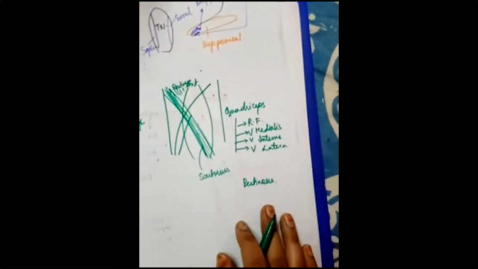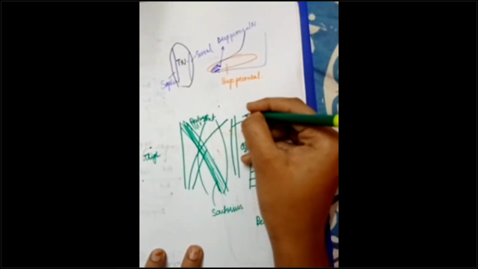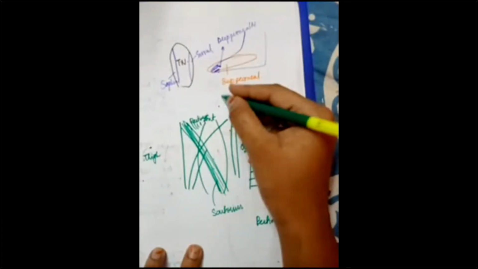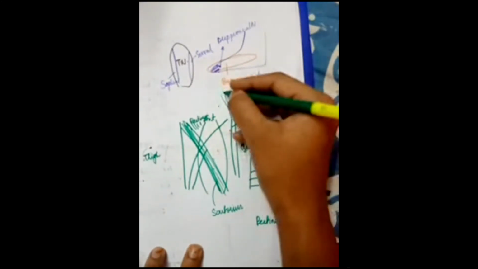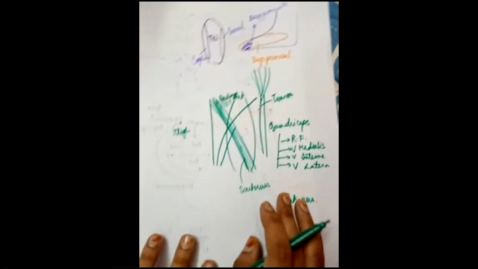Today students will teach me. Anterior compartment, anything else? Done. Here on the side you will have tensor fascia lata. I did not mention it because tensor fascia lata is merely a fascia in which your gluteus maximus inserts, so it is outside of the anterior compartment.